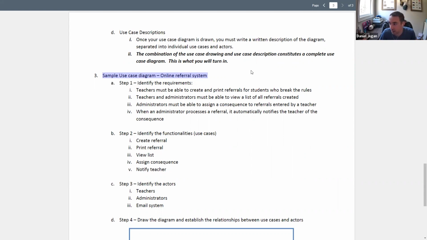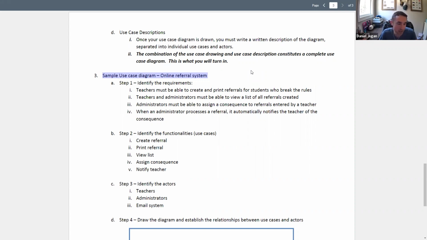All right. And everybody know what referrals are? Anybody not know what a referral is? It's not like a letter of recommendation. Okay. So a referral is when a student gets written up for doing something that they shouldn't be doing.